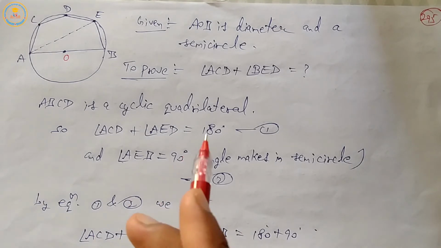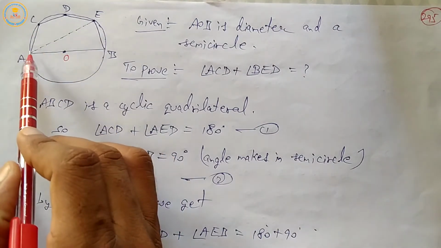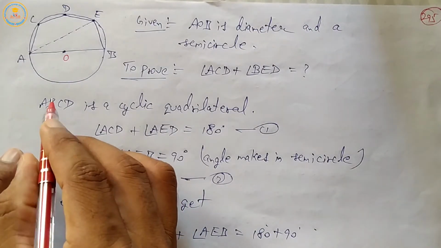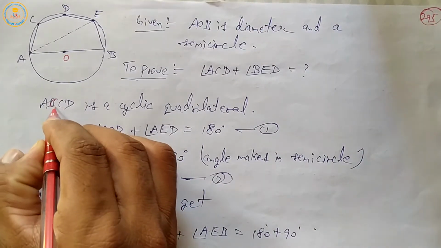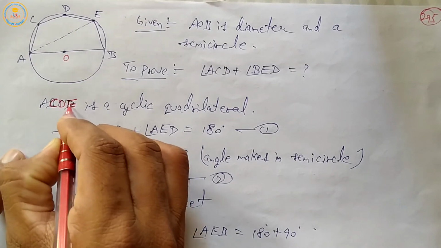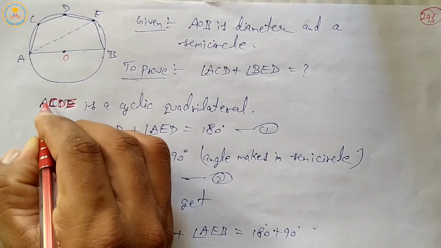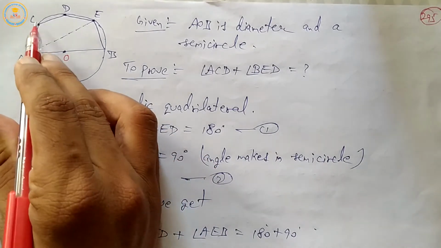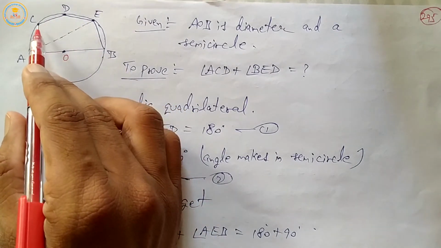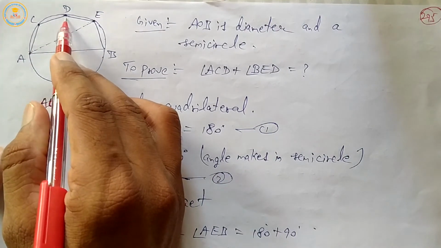In cyclic quadrilateral ACDE, angle C plus angle E equals 180 and angle A plus angle D equals 180.